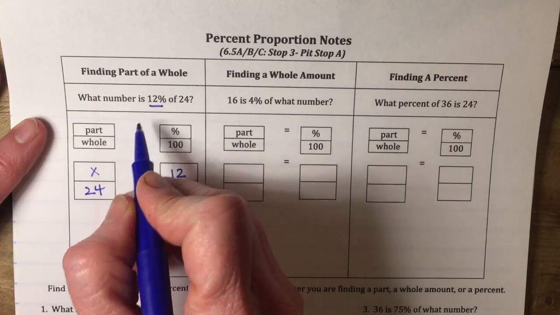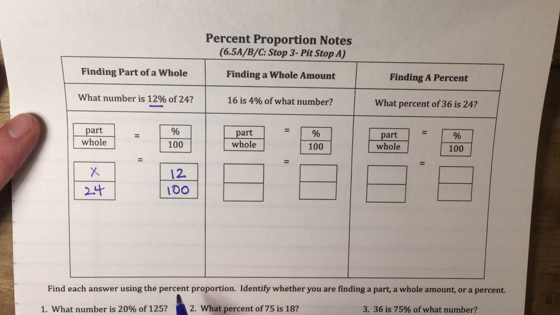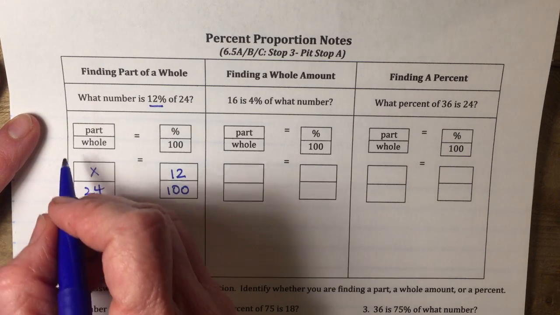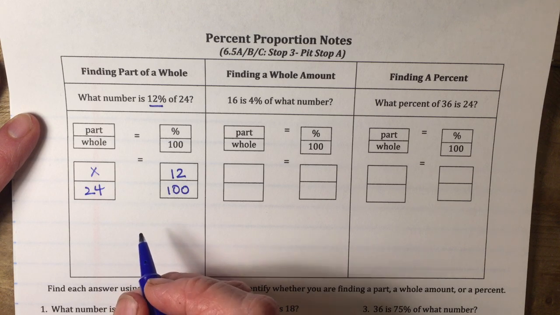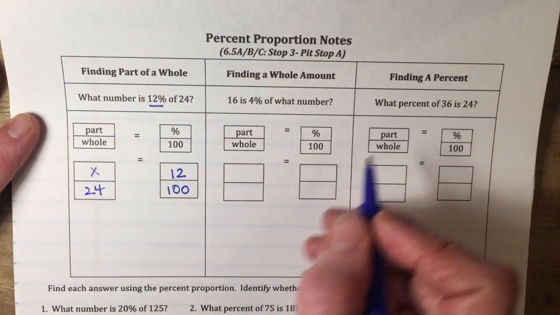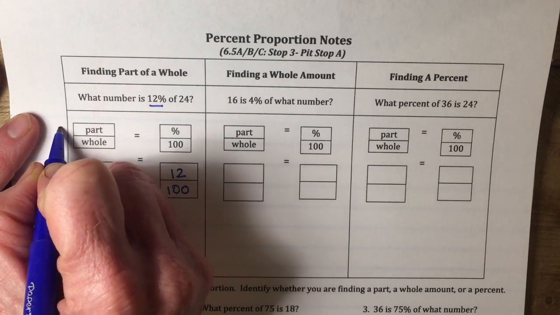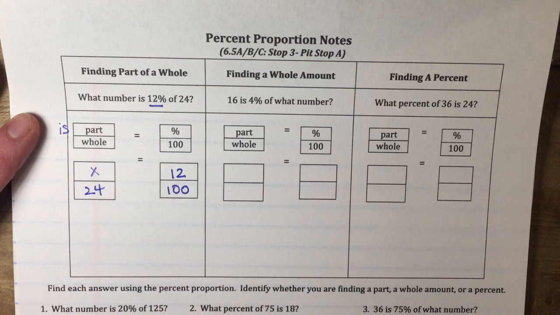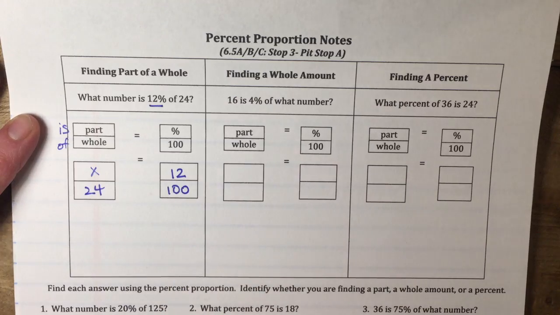Now, sometimes this is confusing. People get the part and the whole mixed up. So there is a little trick that you can use to help you remember that, although it won't work in every single percent problem. But in these types of examples, it might be helpful. A part is usually near the word "is," and the whole is usually near the word "of" or follows the word "of."